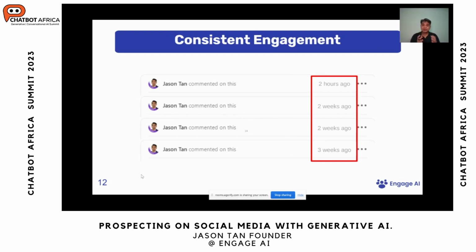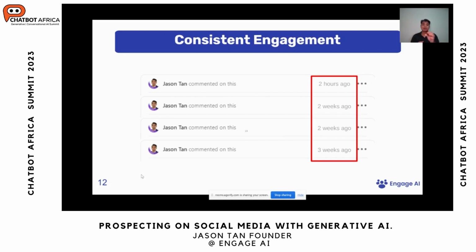And when you are doing that consistently all the time, and you can do it more, imagine the impact of it. Imagine that the person you are prospecting is consistently seeing the engagement that you give them whenever they post.